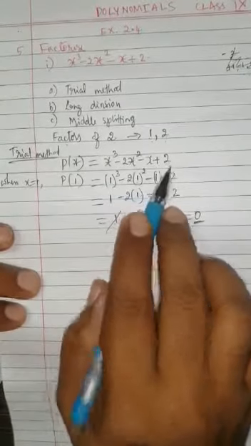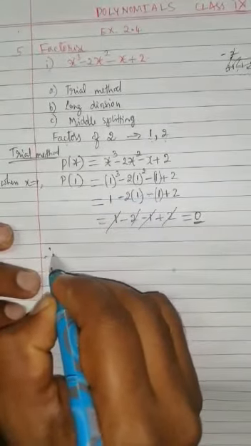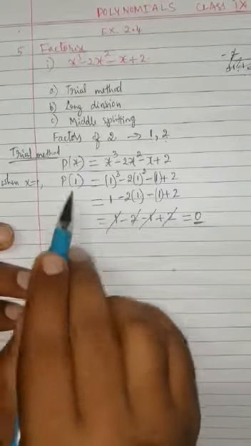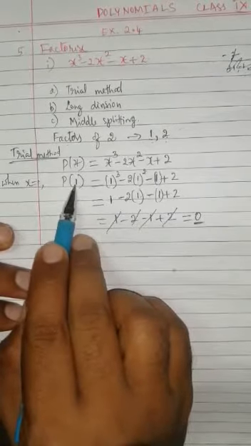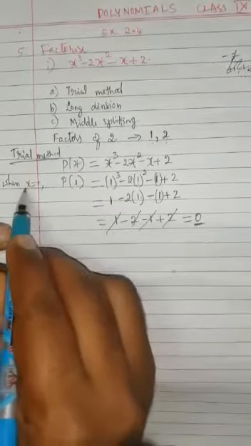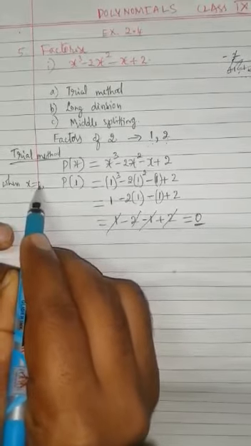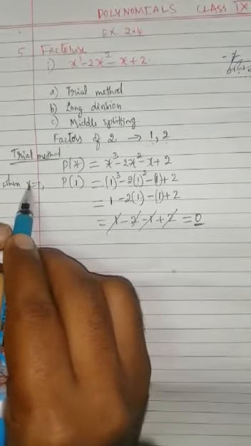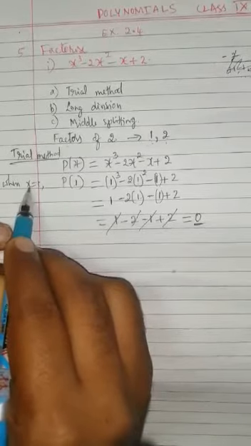So, watch carefully, we have taken plus 1, but because x is equal to 1, when this plus 1 is carried to the other side, it will become x minus 1.